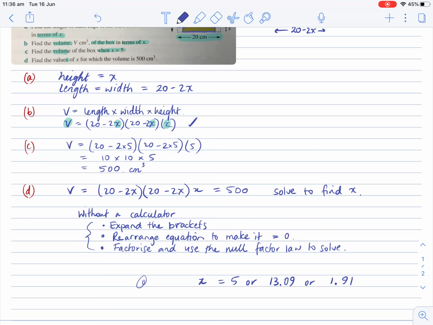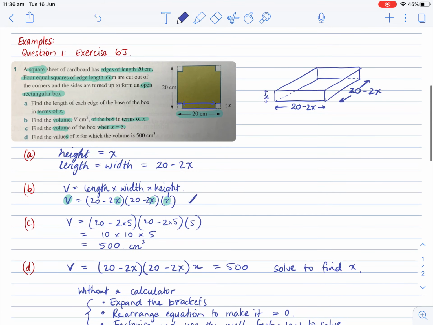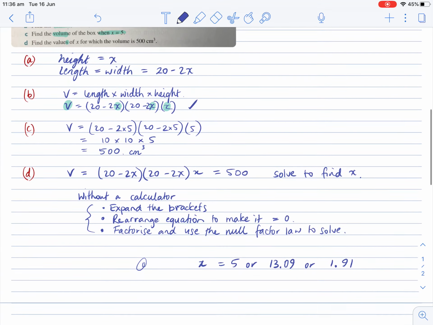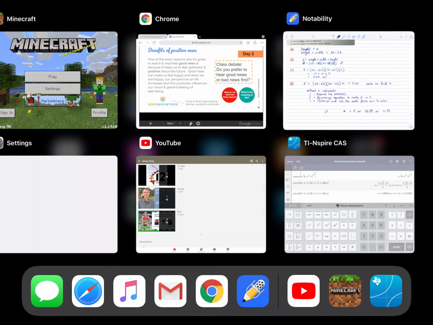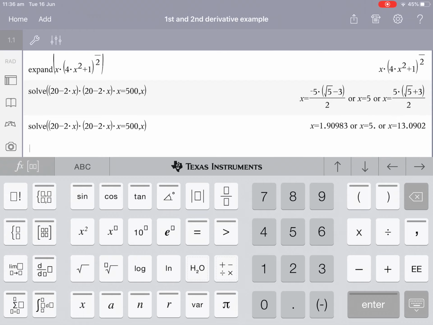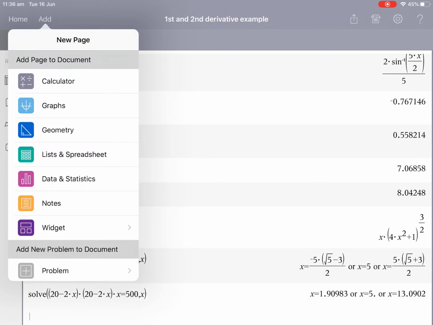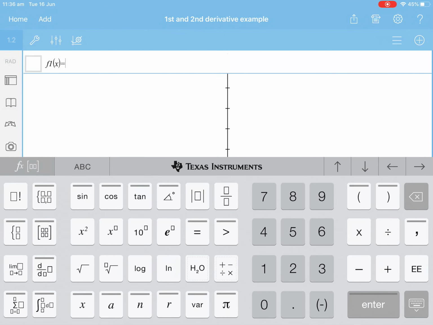And again, if you need to try and visualize what's going on beyond the 2-dimensional diagram and the 3-dimensional box, I could use the calculator to graph it. So I've got to remember how to get to my graphing page here. Let's go home, add a graph.